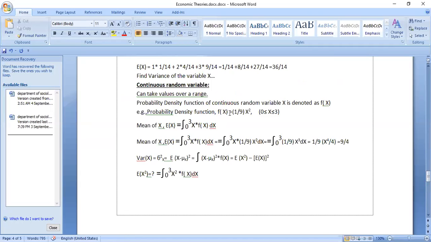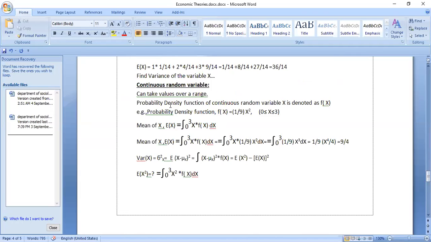It's basically the area under that density function. If you recall your calculus 1, you know that a definite integral is measuring the area under a curve between two values.